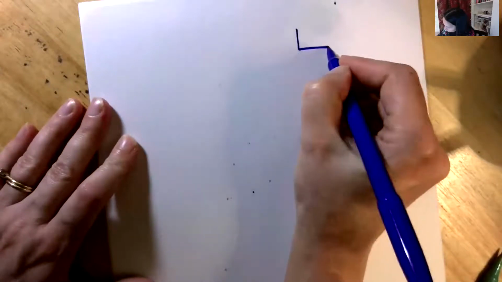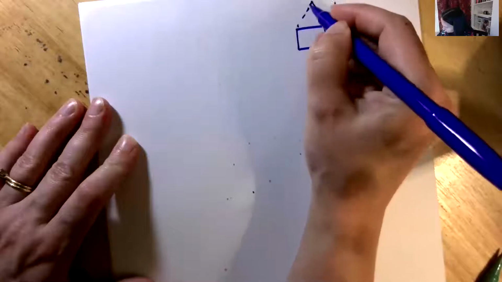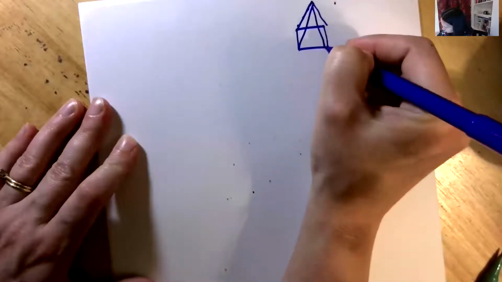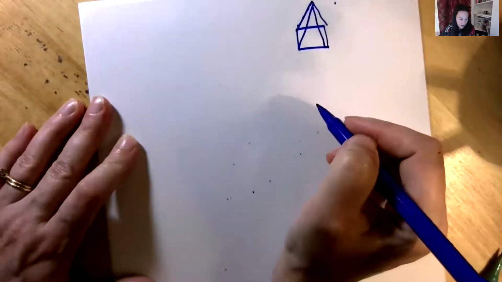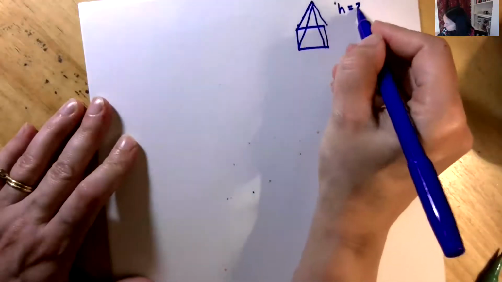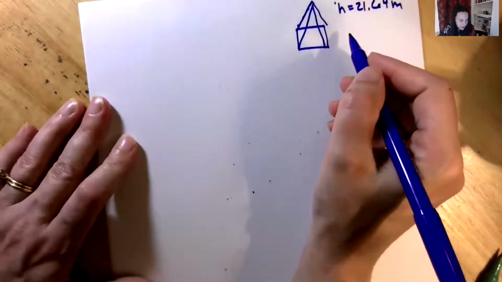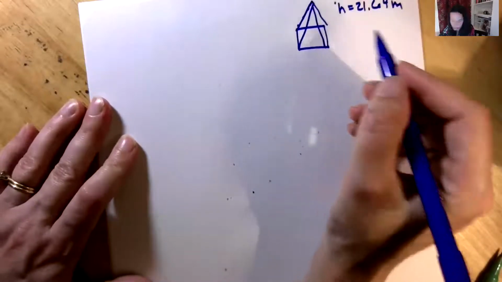All right, so we have a square pyramid, and it has a height of 21.64 meters, and the side is 35.4 meters.